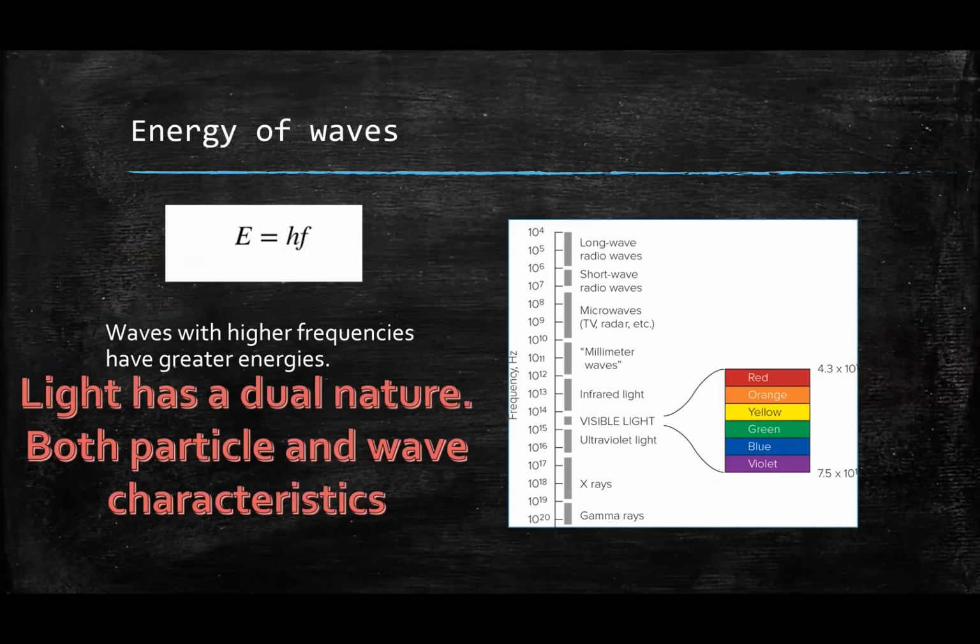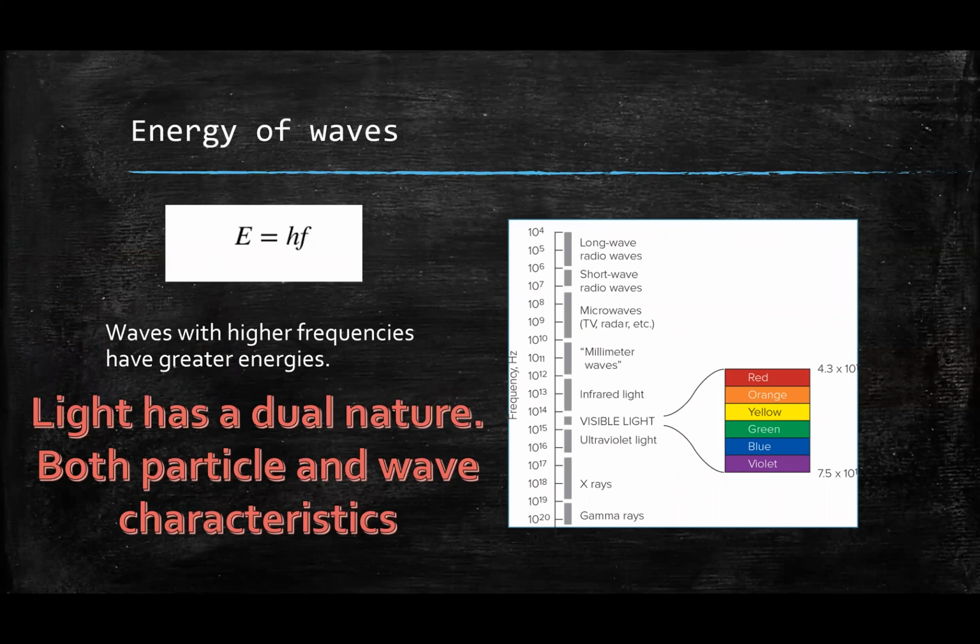And so now that we have this explanation for light having certain quanta of energy that can knock another particle out of a surface, and we have experiments that show that light has characteristics of a wave, like constructive and destructive interference, we can describe light as having a dual nature, both particle and wave-like characteristics.